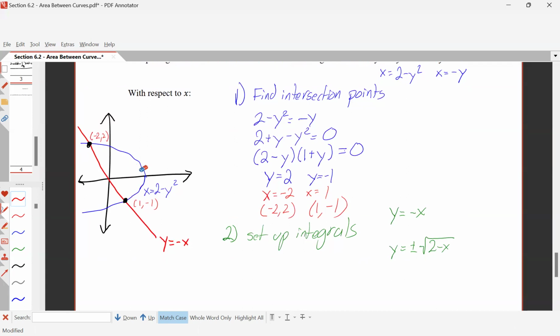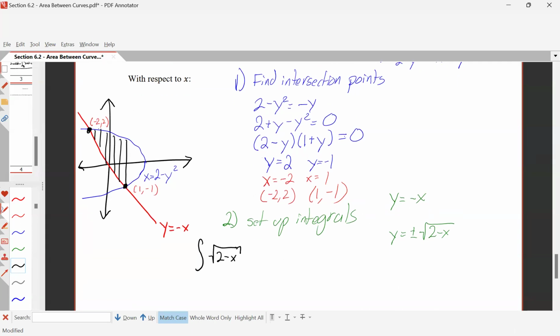Remember, upper minus lower. Looking at this, from x equals -2 until x equals 1, we have the upper square root, the square root of 2 minus x, being the top function and the negative x being our lower. So that happens from -2 to 1.